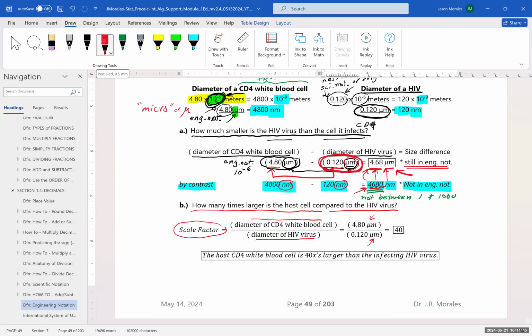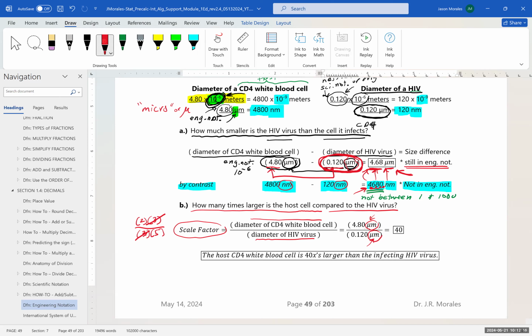What's important for multiplying or dividing, especially dividing, is to make sure that both units are the same. Here we've got micrometers, here we've got micrometers. Very much in the same way that when you simplify a fraction you can cancel out a common factor top and bottom, you can also cancel out like units.